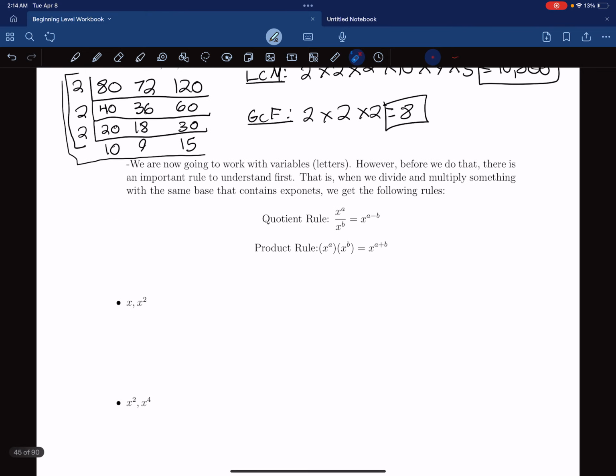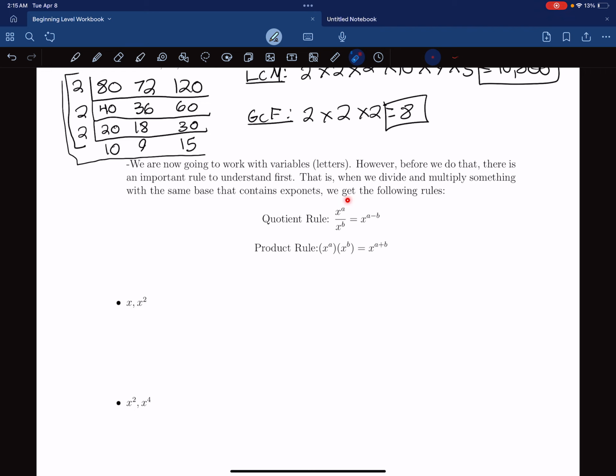In order to do that, we need a couple rules. So we need this thing called the quotient rule, which is when we divide two things with an exponent. When we divide two things with an exponent, all you have to do is take the two exponents and subtract them from each other.